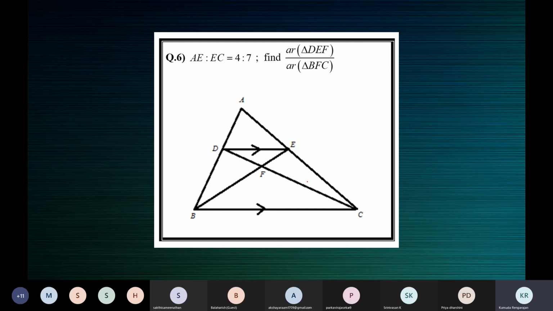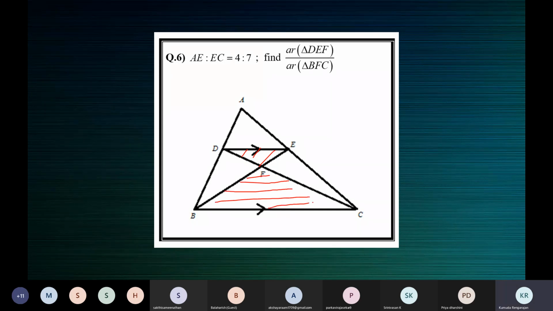Yes, what is the area of triangle DEF by BFC? Let's work it backwards, children. To compare the areas of triangle DEF and BFC, DEF is this one, and this is BFC.